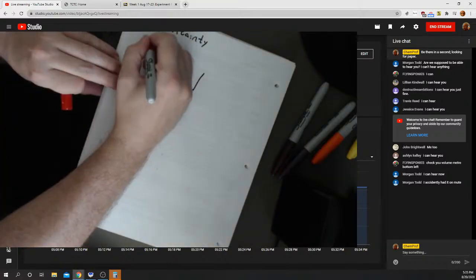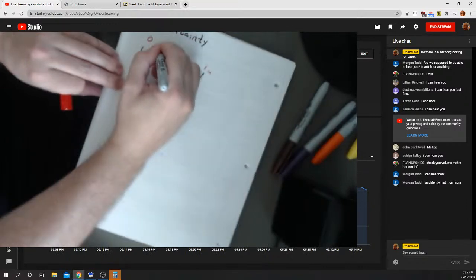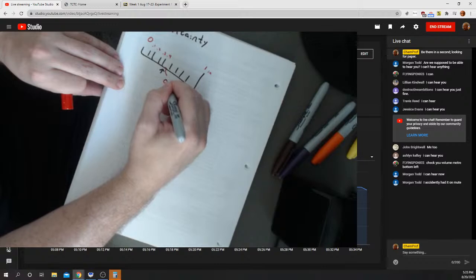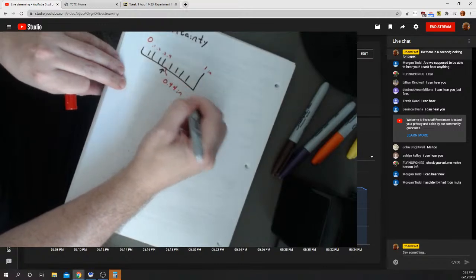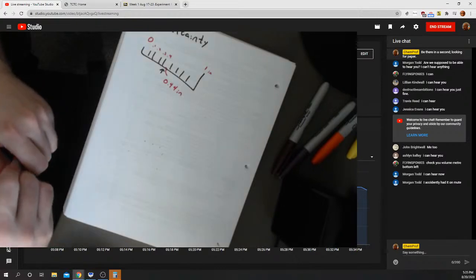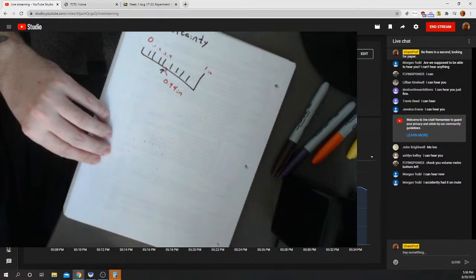So say this is 0 inches and 1 inch, and then you have 0.1, 0.2, 0.3, 0.4. This measurement looks to be 0.44 inches. You always estimate. So there's always a little bit of uncertainty in that last digit, in the last decimal place.